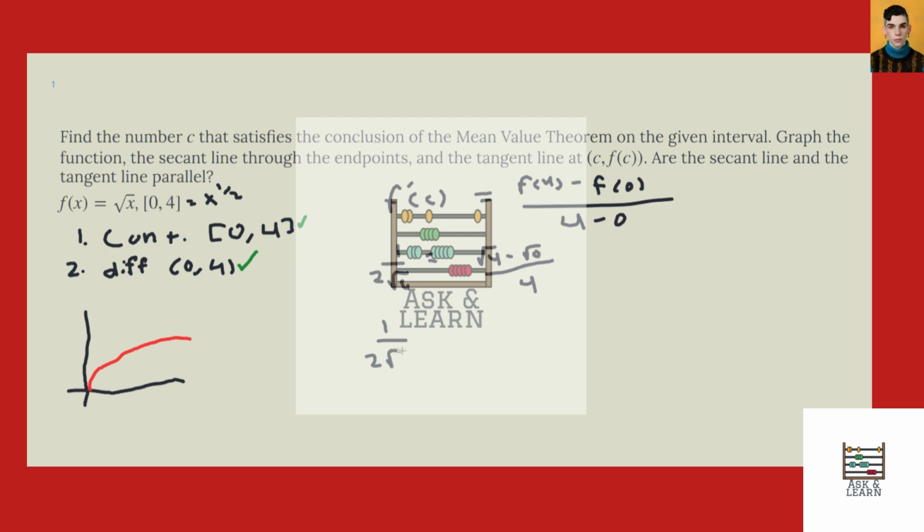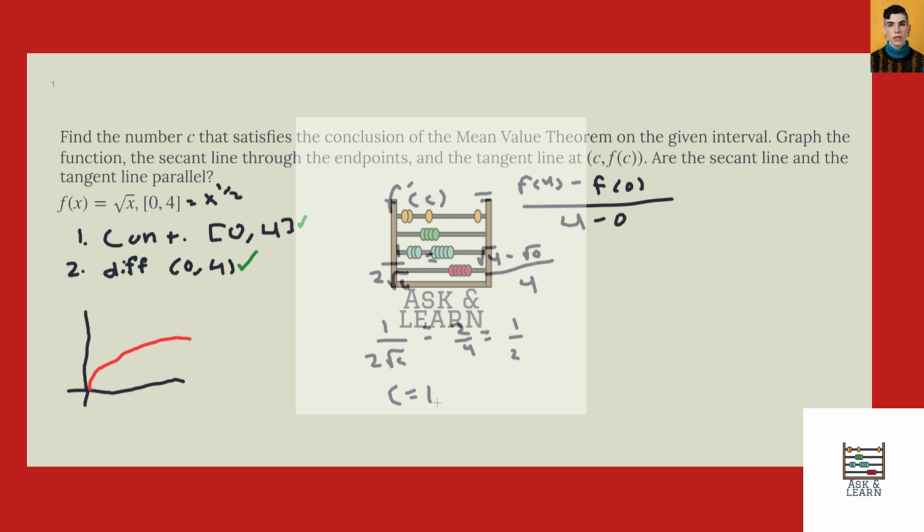The square root of 4 is simply 2, and the square root of 0 is 0. And so it leaves us with 2 over 4, which is the same as 1/2. And by just looking at this, you can see that a c of 1 will satisfy this equation. So c is equal to 1.